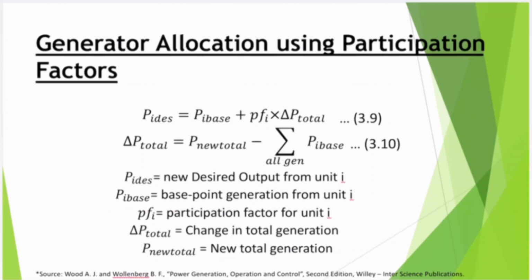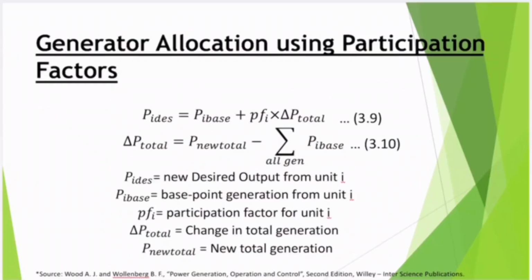If there is a difference, that tells me how much delta P is required in the larger system. And for a particular unit, Pi dash, the desired output of unit i, is calculated as Pi base plus the participation factor PFi multiplied by delta P total.